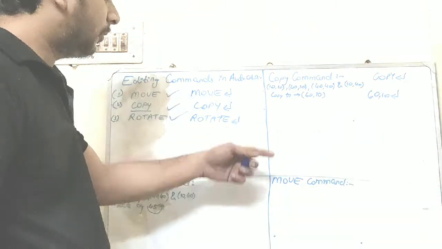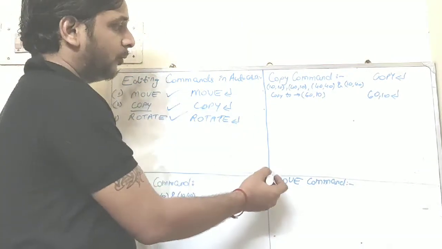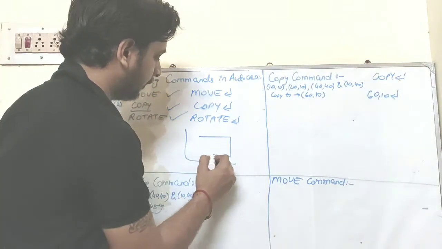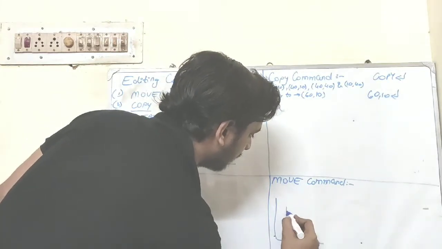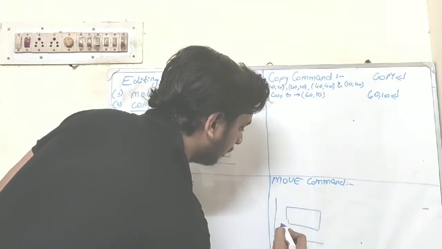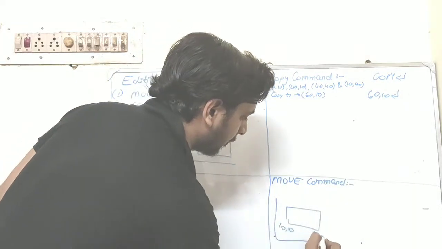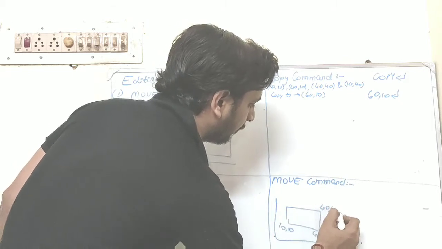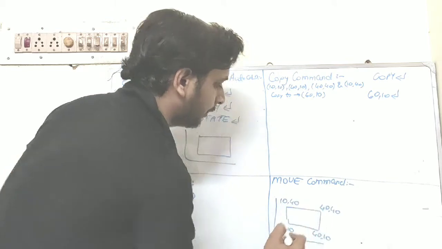Okay. So let us take a problem. We have to move a rectangle. A rectangle is given with coordinates 10, 10, 40, 10, 40, 40 and 10, 40.